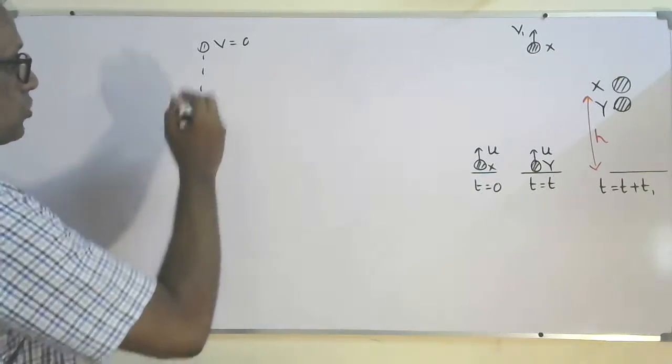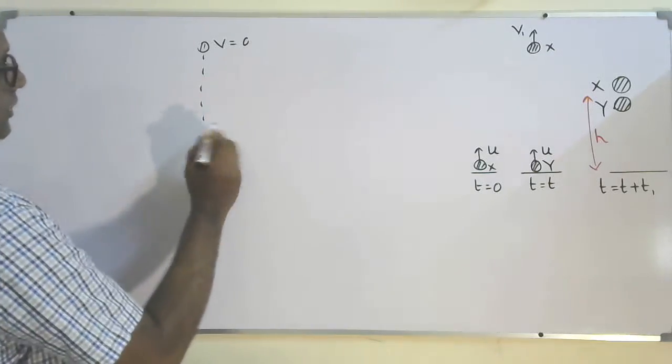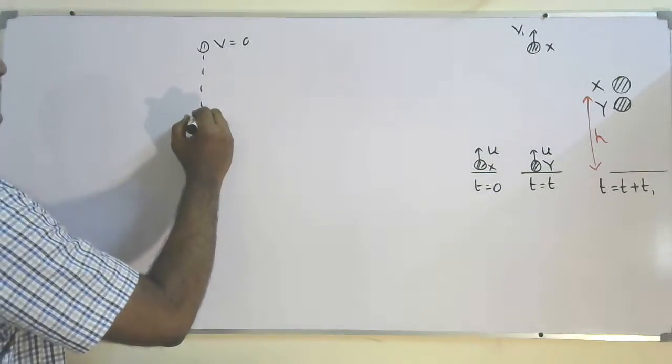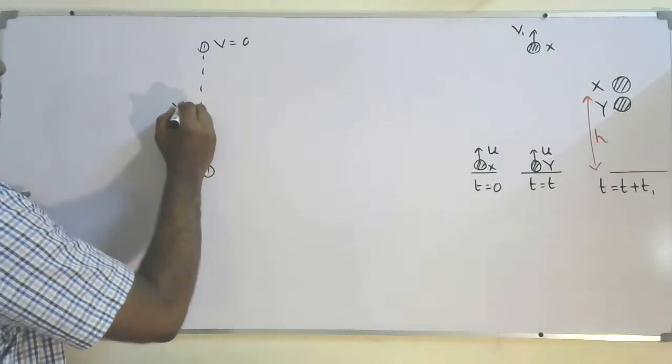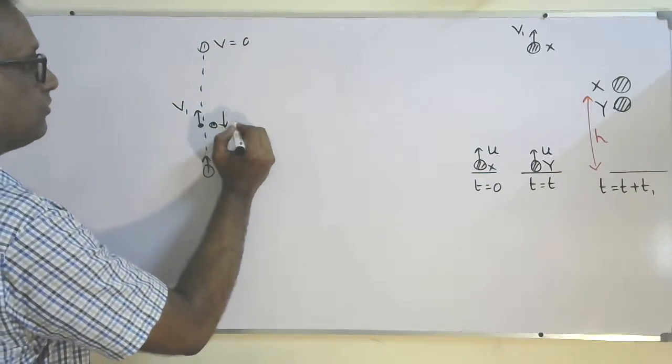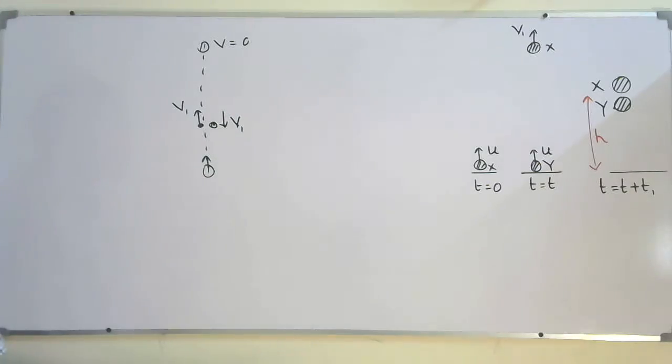When a ball is thrown vertically upwards, say when it is at this position, if its speed is upward v1, when it comes back to the same position, the speed will be v1 downwards.